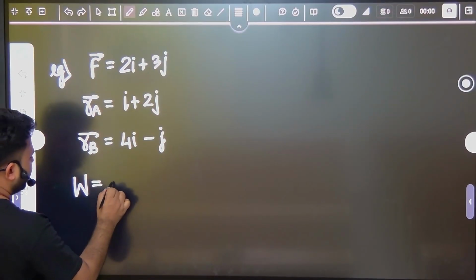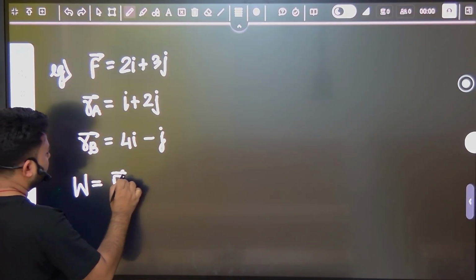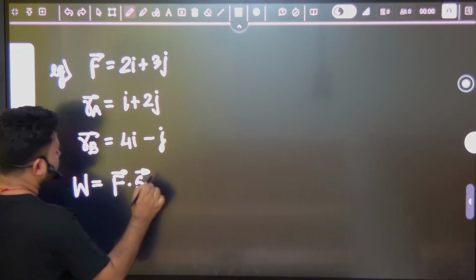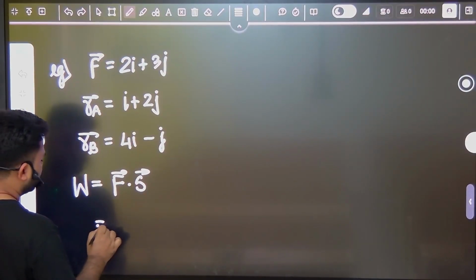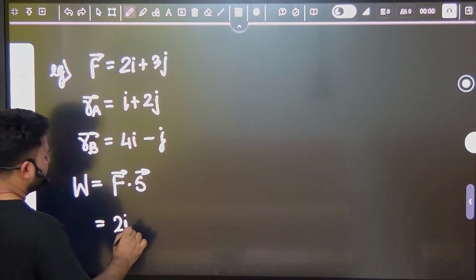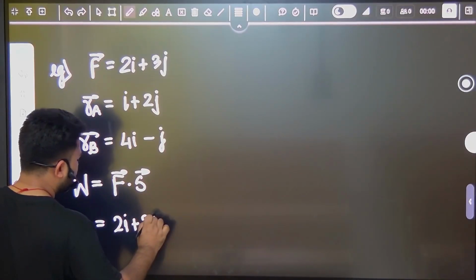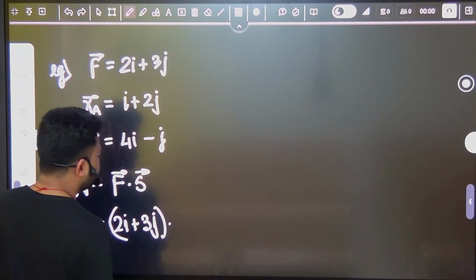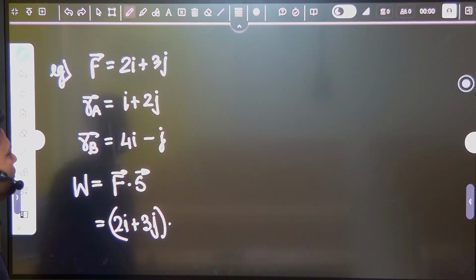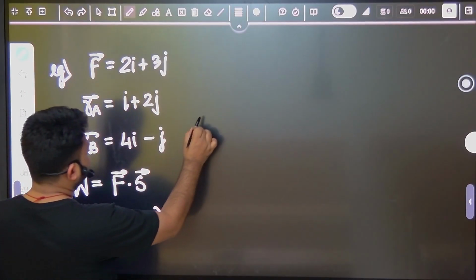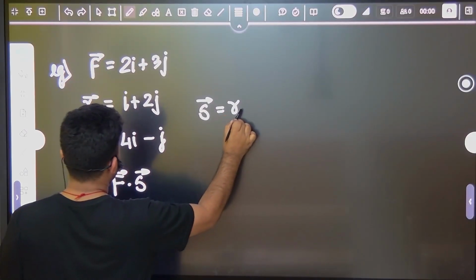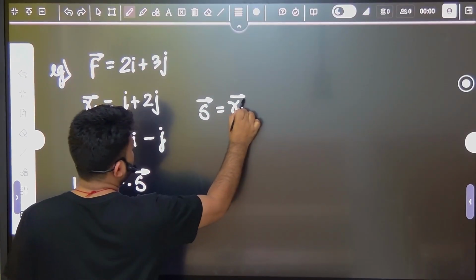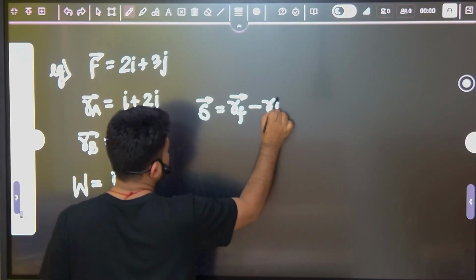so work is F dot S. Now, force is 2 I cap plus 3 j cap dot displacement. Displacement is final position, R final minus R initial.